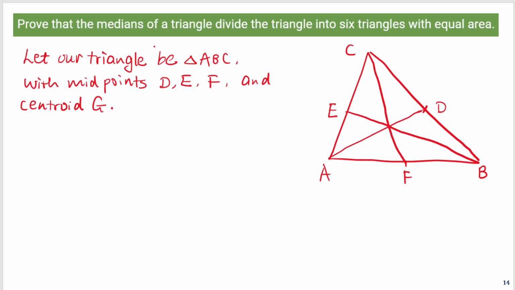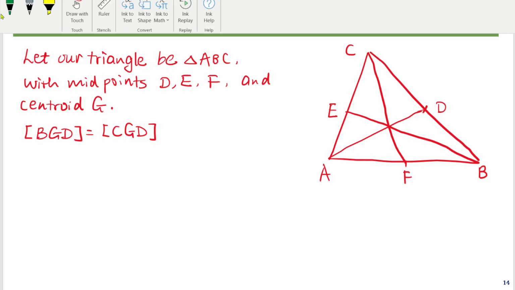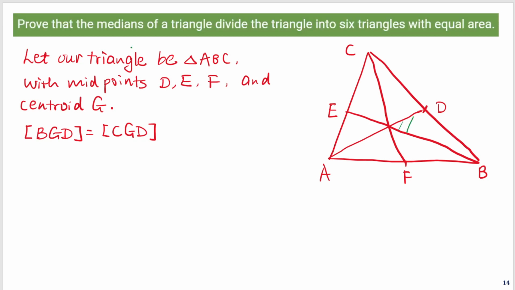Okay, first of all, we can easily prove that the area of BGD equals the area of CGD, right? The area of this triangle should equal the area of this triangle, because this side equals this side, they have the same base, and they have the same altitude from the point G, right?